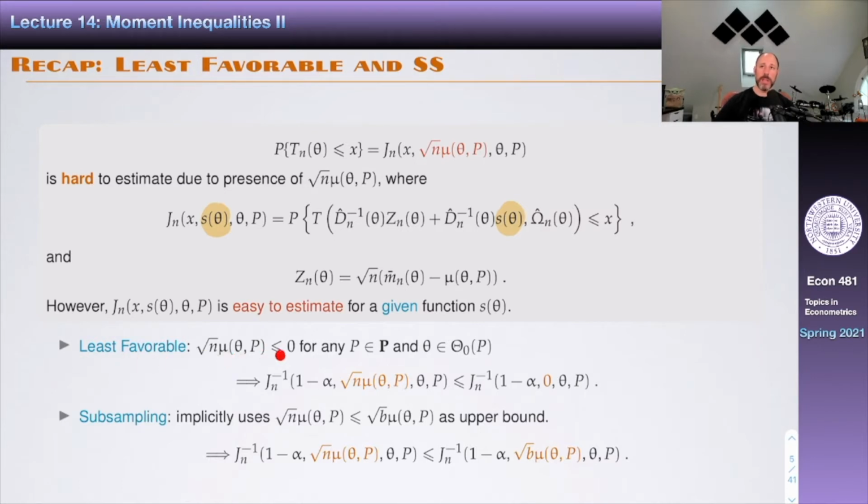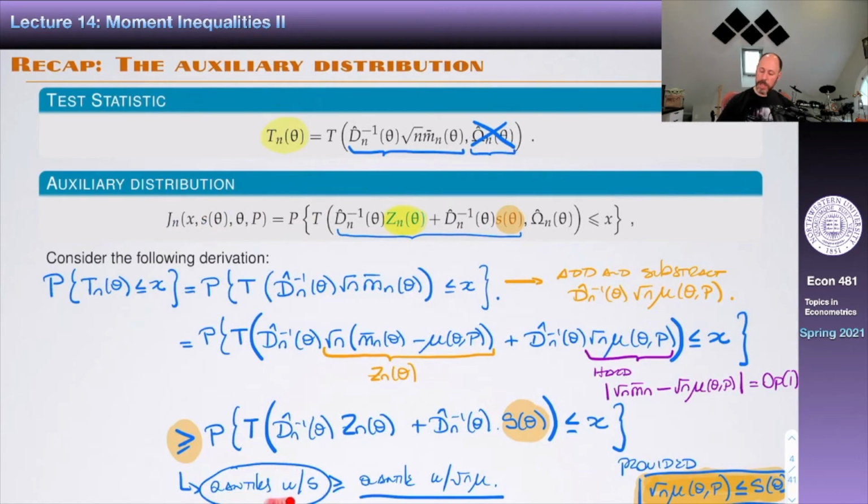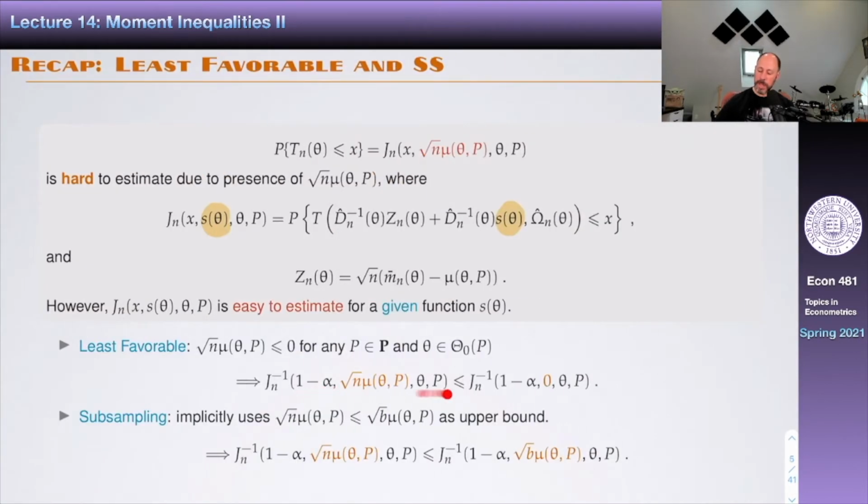It's a moment inequality model. Whether we scale by square root n doesn't change anything. And so the quantile of the distribution with the true mean, which is the one that we want, is bounded by the one that includes 0. Okay? This is exactly what I wrote here. The quantile using the function S is going to be at least equal to the quantile that uses the true thing. So here it's flipped, but it's the same thing.